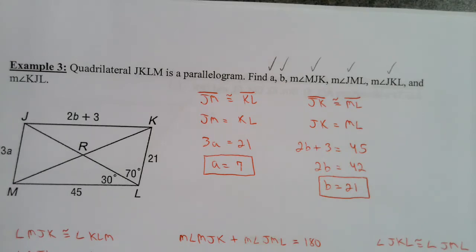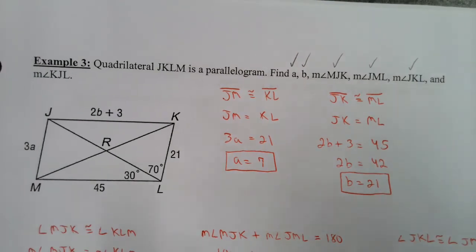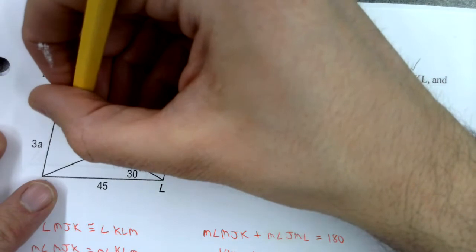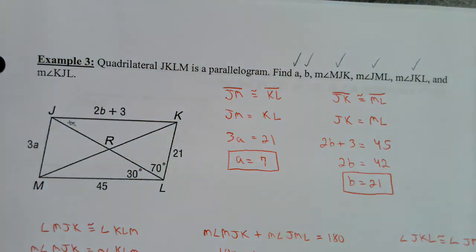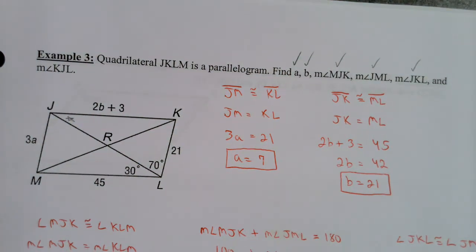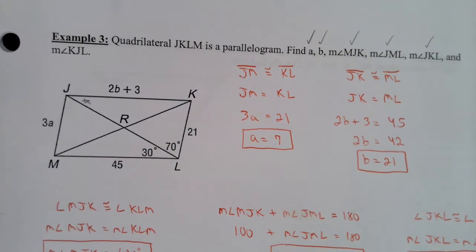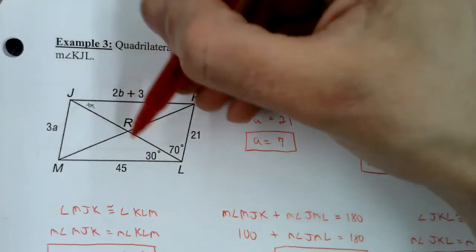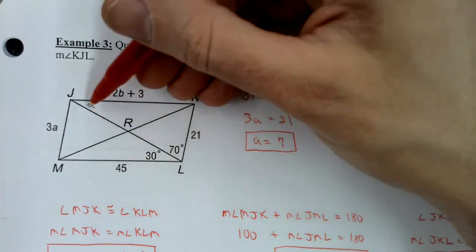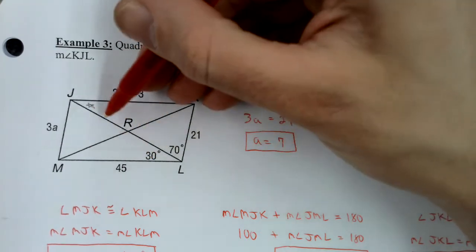Now we just need KJL. There's a couple ways you can think about this. Since it's a parallelogram, this angle and this angle down there are going to be alternate interior angles, so they're going to be the same.